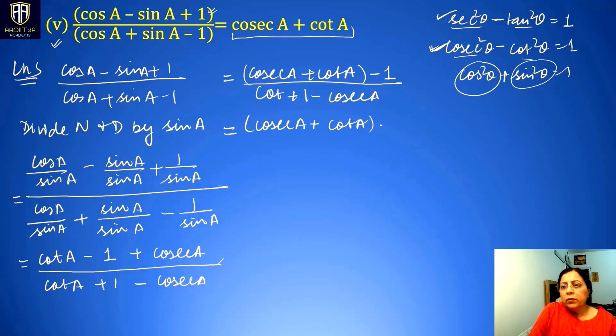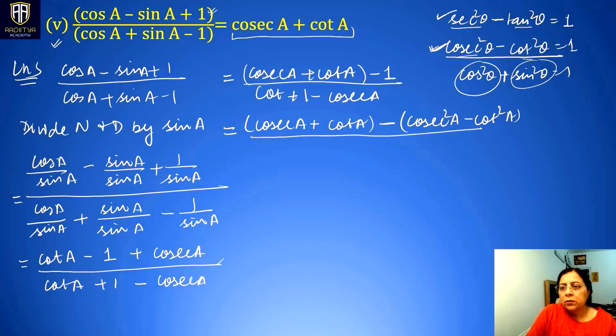You have to write this 1 as the difference of two squares, like cosec square A minus cot square A. Do not do anything in the denominator, cot A plus 1 minus cosec A. Leave it. This will get reduced finally.